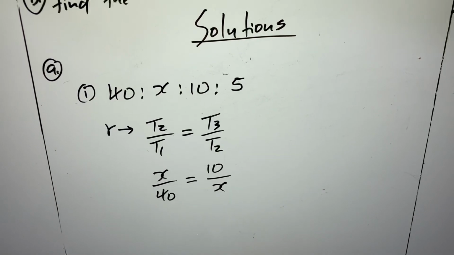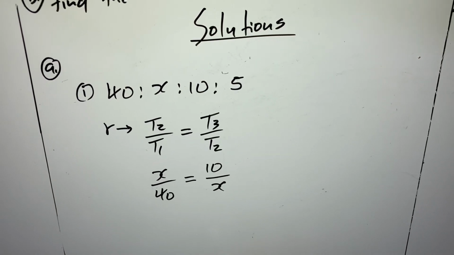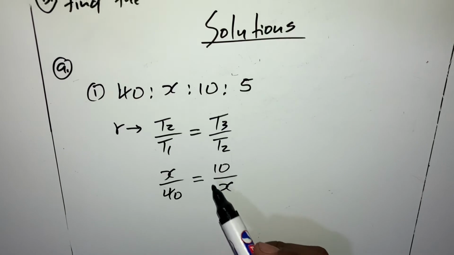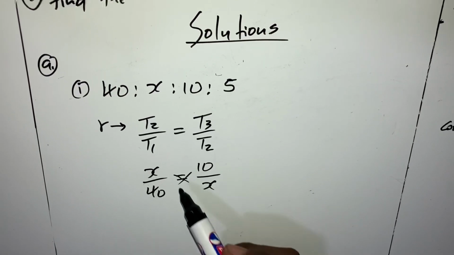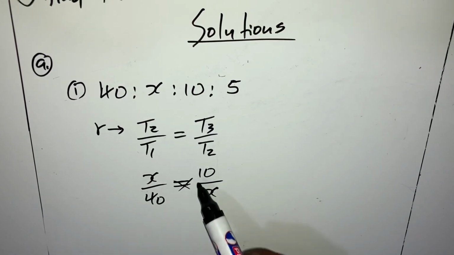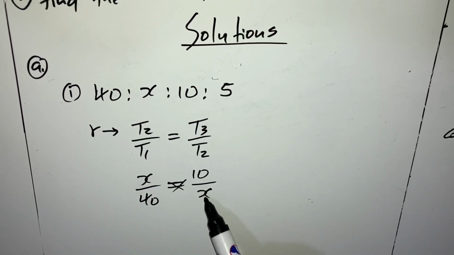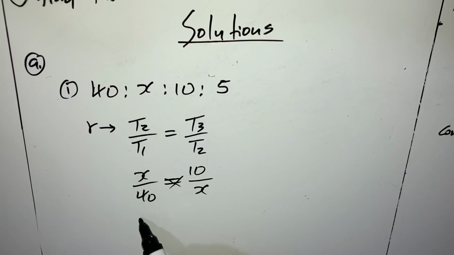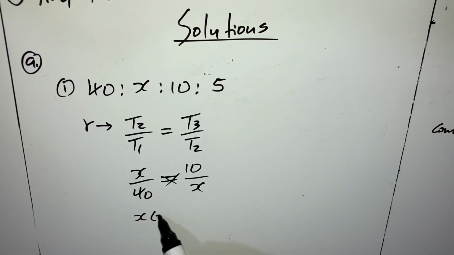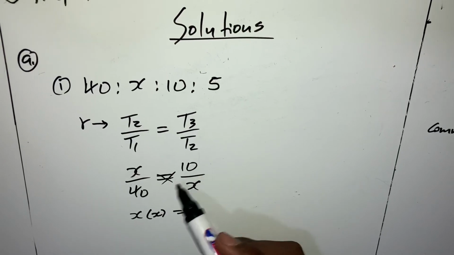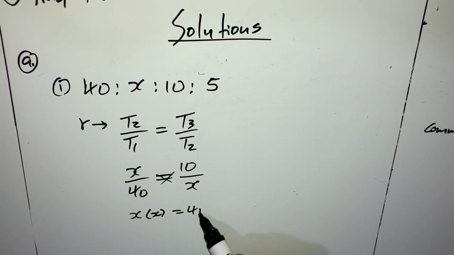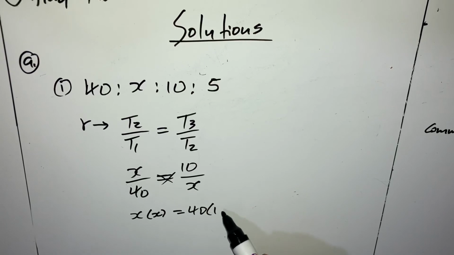Then from here, we go on to cross multiply, where we say x times x equals 10 times 40, or 40 times 10.